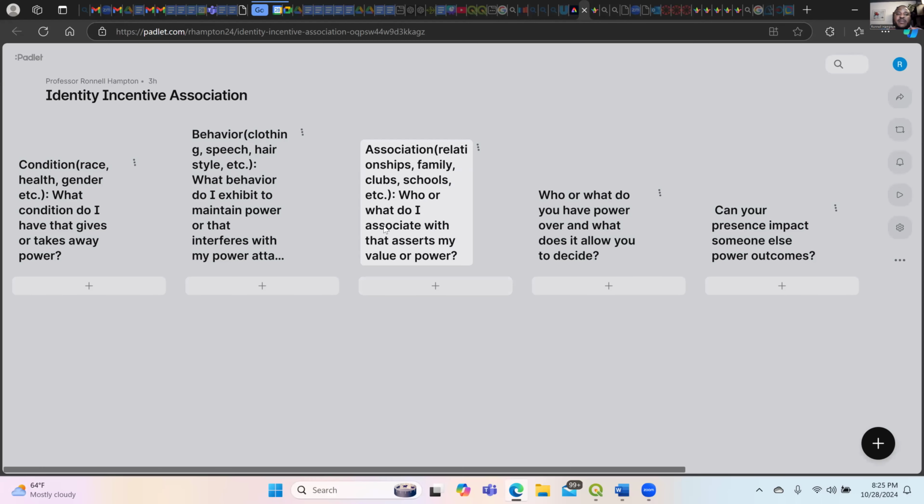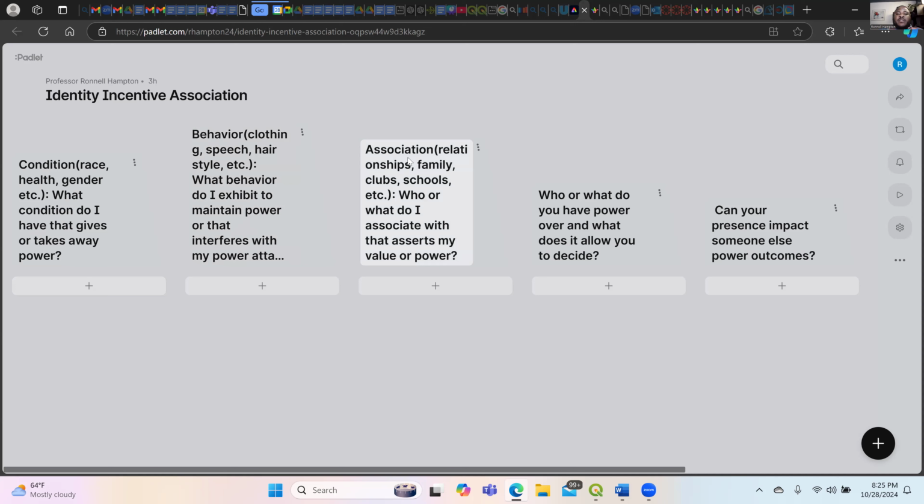So this link is available on the presentation document, and it has some instructions here. Your condition: health, gender. What conditions do I have that give or take away power? Behavior: clothing, speech, hair, style. What behavior do I exhibit to maintain power or that interferes with the power that I have?